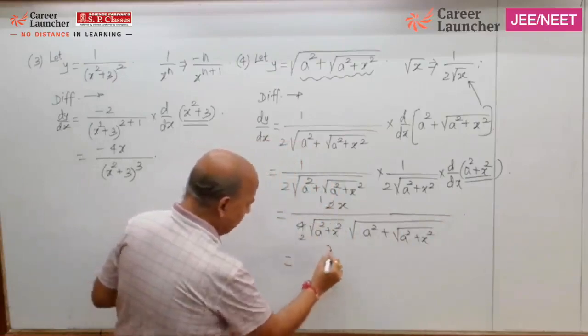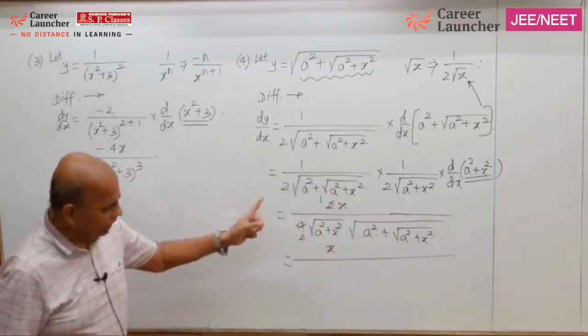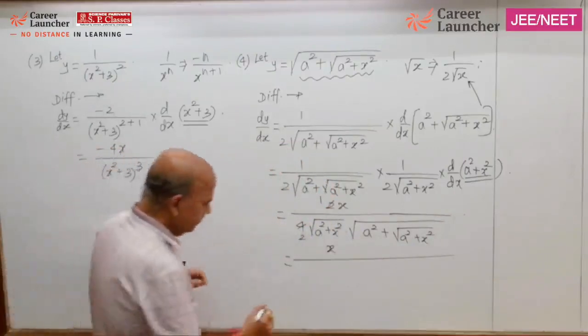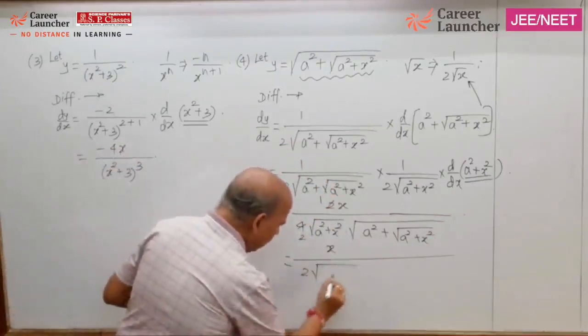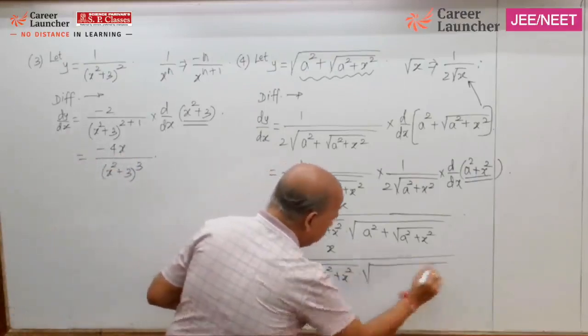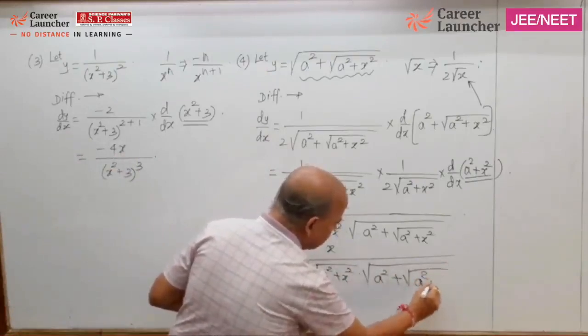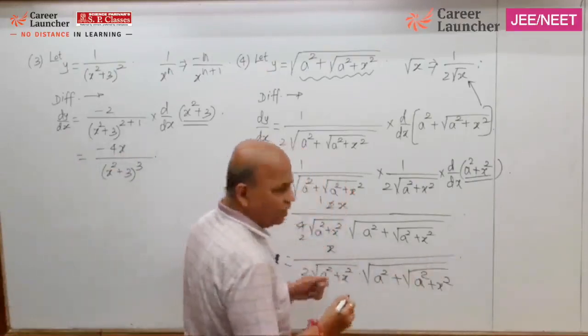So what is the final answer? Come on, tell me. x upon, 1 into x is x, I suppose. Very good. 2 root a square plus x square into root of a square plus root of a square plus x square. Come on, start writing.